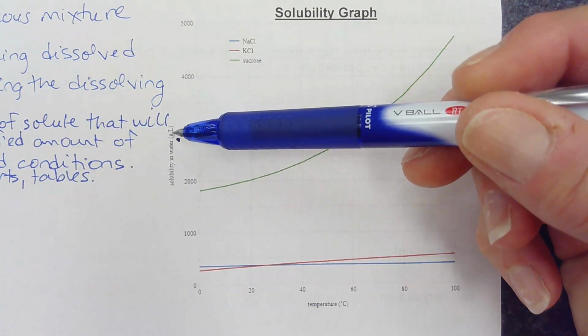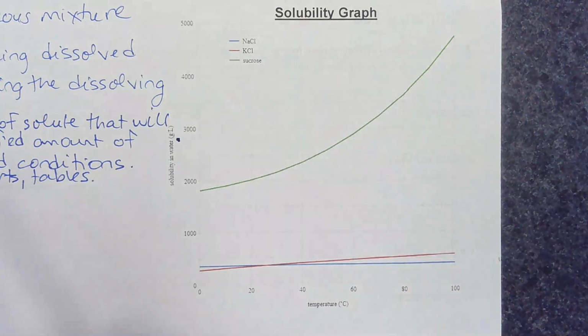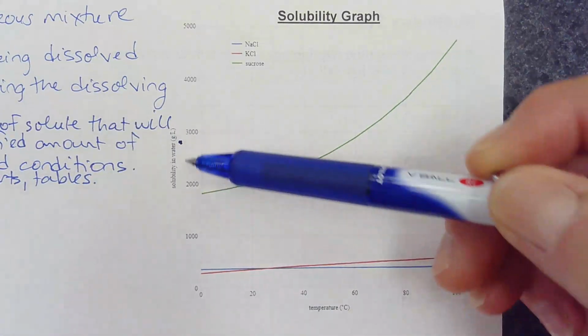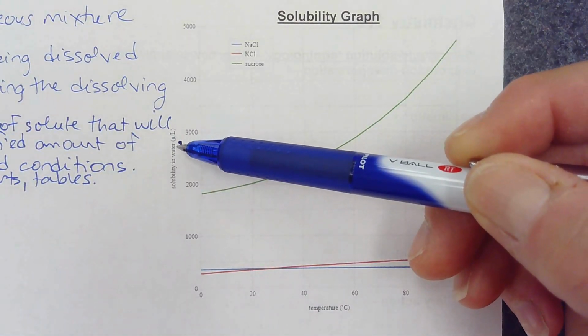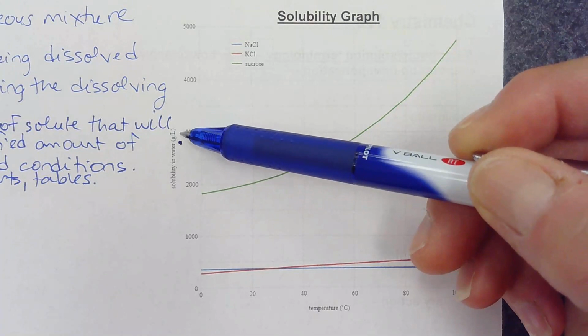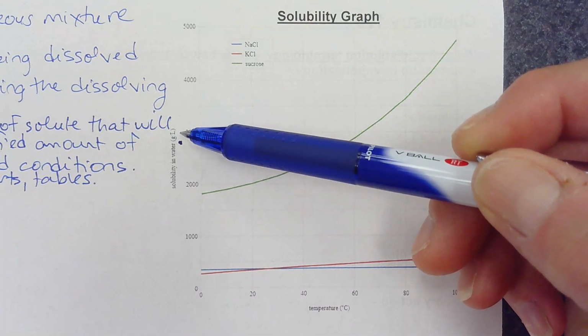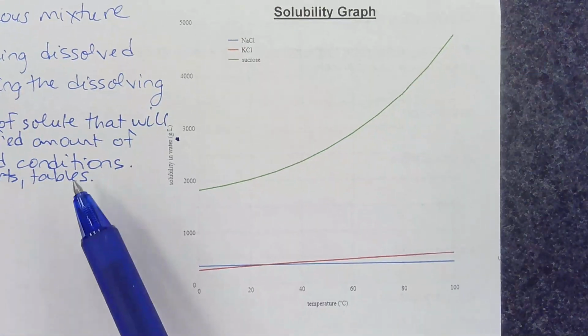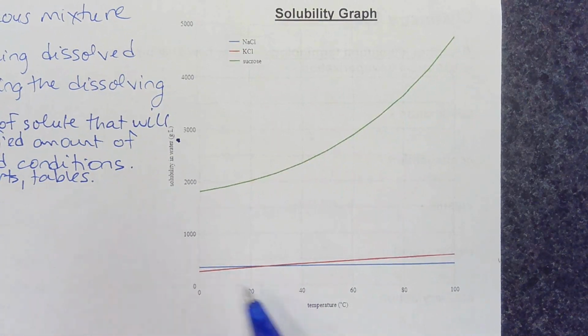Liter, 1 liter. So it's the amount of solute, which is going to be in grams, in 1 liter of solvent under stated conditions. What are our conditions? Temperature.